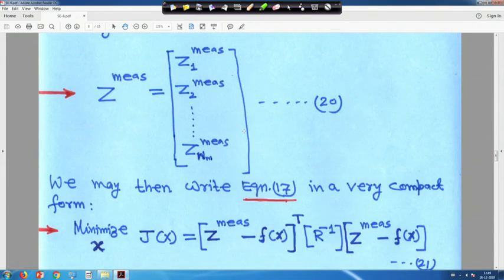Mathematically, we can write: minimize over x, you have to find the x value, J(x) = (z measure minus f(x)) transpose, then into R inverse, into (z measure minus f(x)). This quadratic function can be written like this, where R is the R matrix.